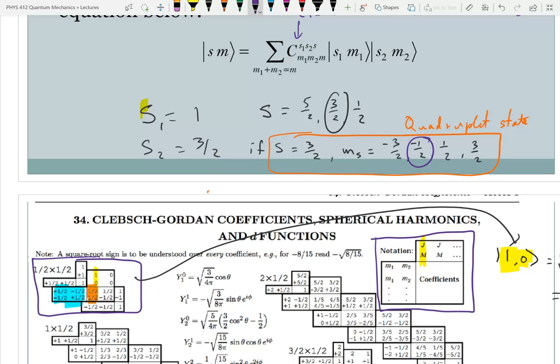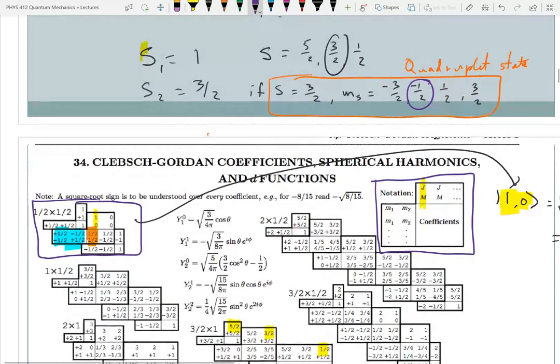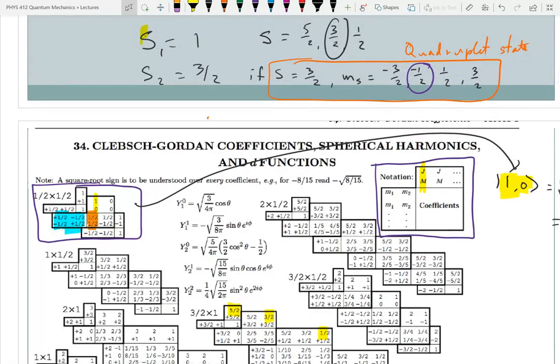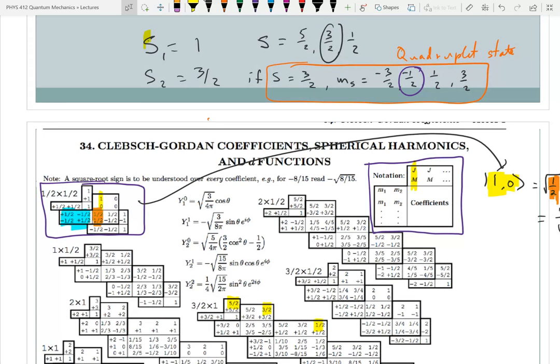Negative 1/2? Okay, so what we're going to say is, what is the state for a spin of 3/2 and orientation M sub S is minus 1/2 for our case? So what's the first thing I'm going to do with those numbers? Find them.